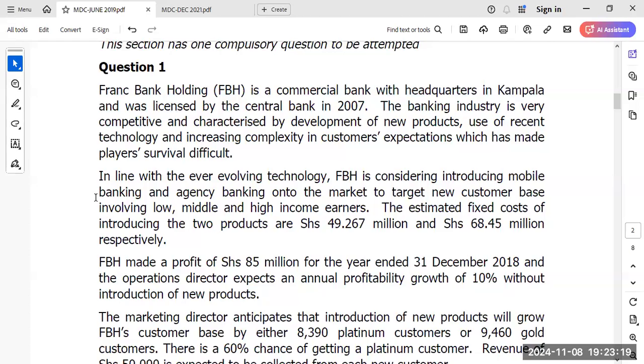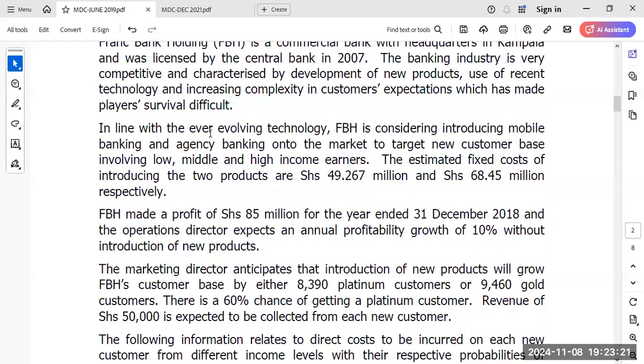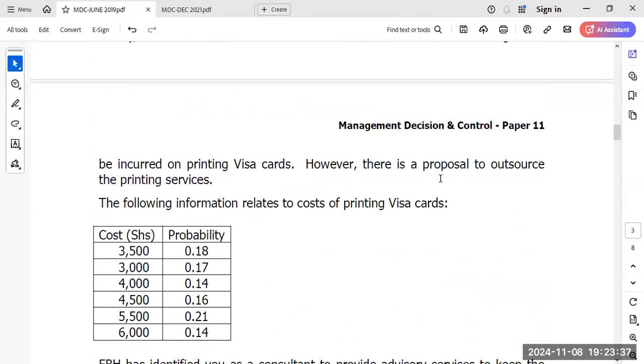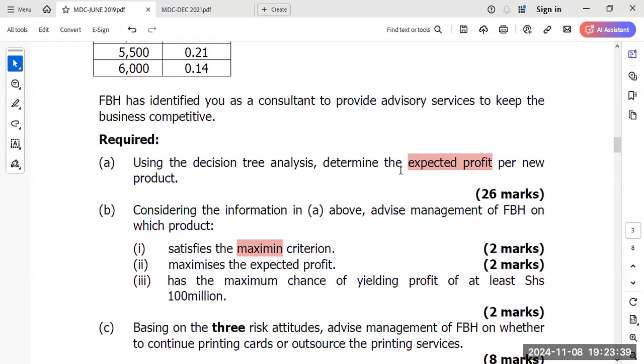So, second paragraph, they are telling us that in line with the ever-evolving technology, FBH is considering introducing... remember, you're handling a question which is saying you use decision tree analysis. To do what? You use decision tree analysis to determine the expected profit per new product.